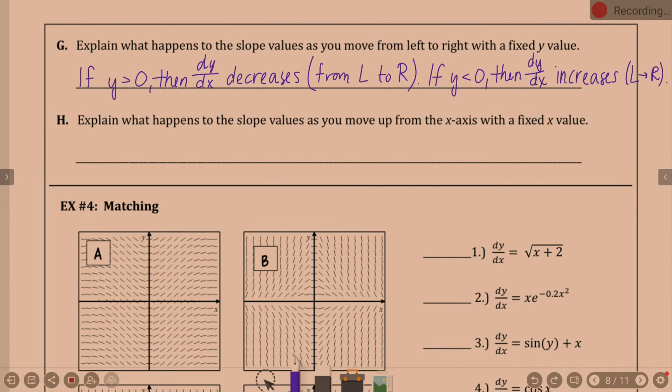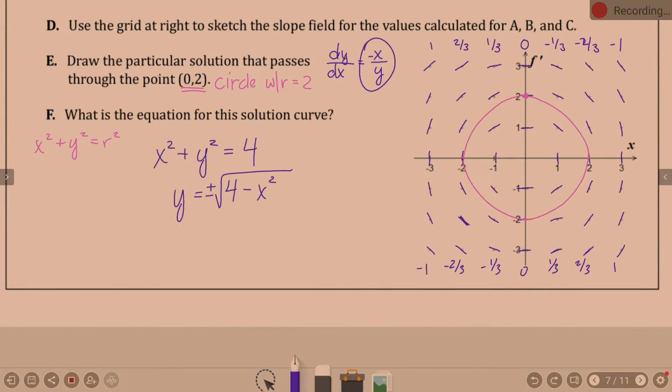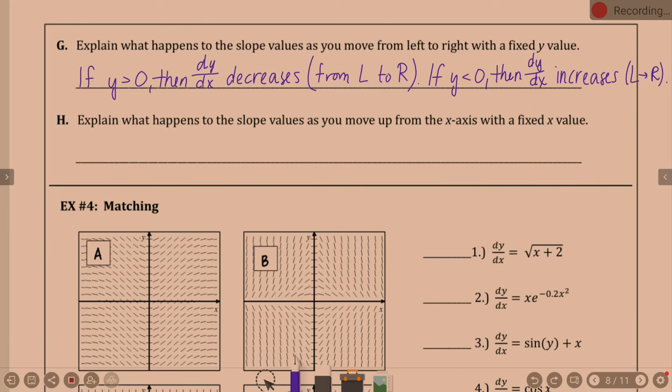And I guess the other thing I need to mention, my slope at the x-axis, because it said as you move up from the x-axis, but at the x-axis that slope is undefined. So I'm going to say that dy/dx decreases as you move up. And that was if you look at each individual column there.